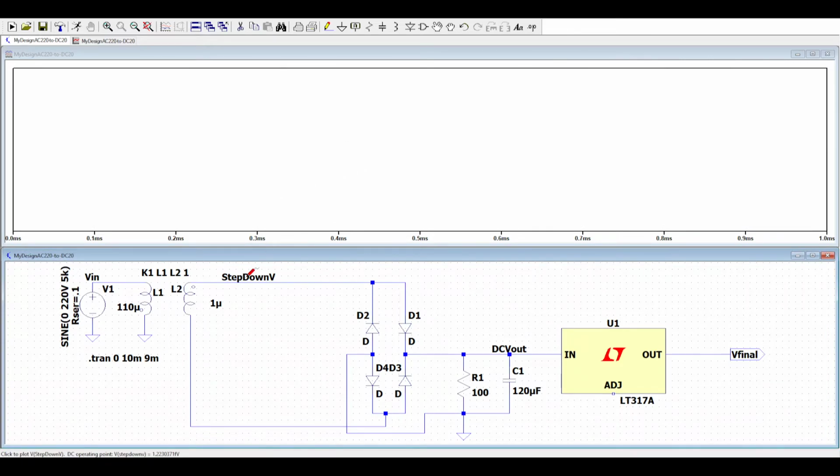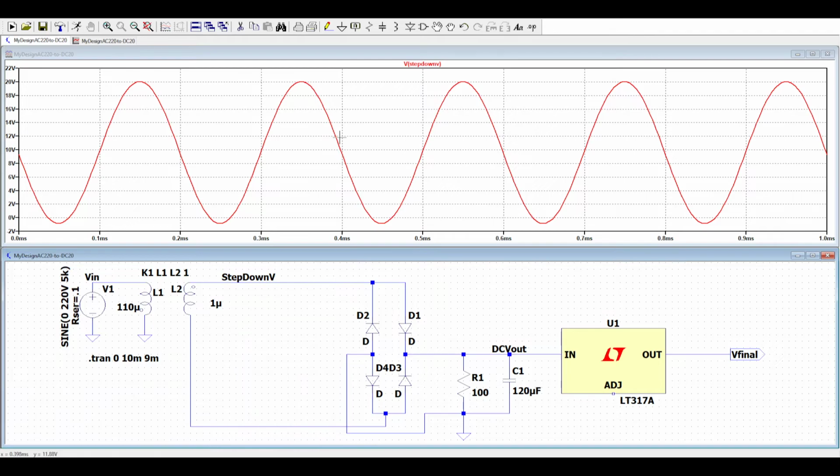step down voltage. So now here we are given the 20 volts, and you can see the error here where it's not completely stepping or rectifying it all the way up. So we're still getting a little bit of negative, which is about negative 1 volt, just about, or 0.83 volts in the negative direction.